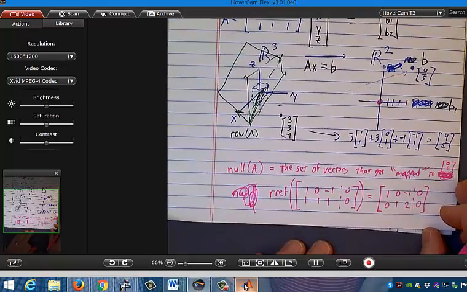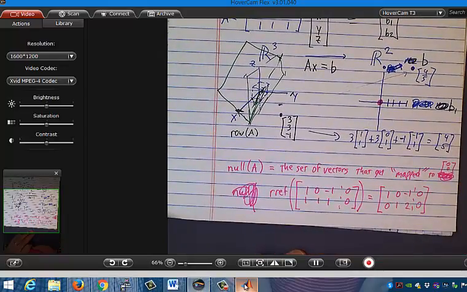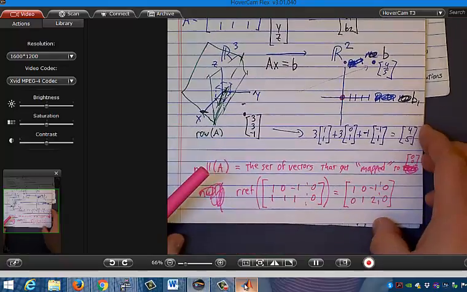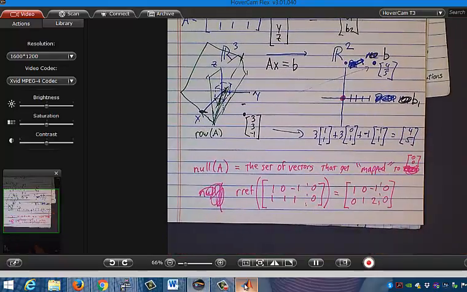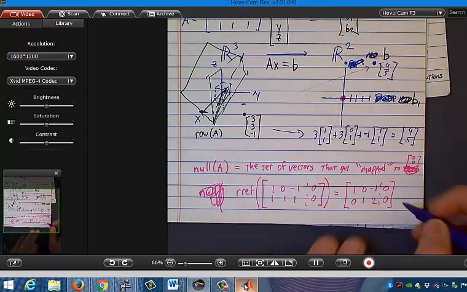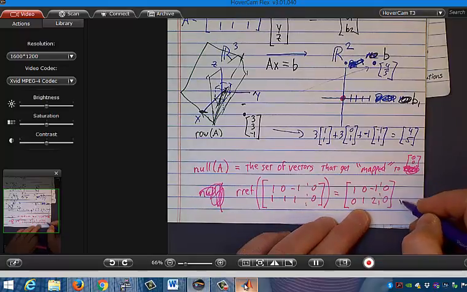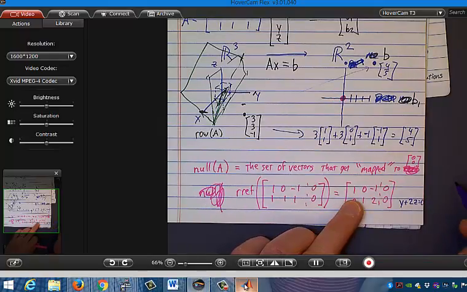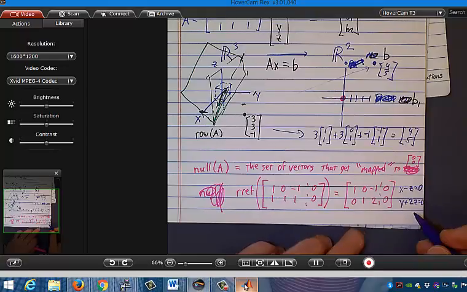And so, what does the null space look like? Well, the bottom equation says y plus 2z is equal to 0. And the top equation says x minus z equals 0. You might remember how we deal with this.